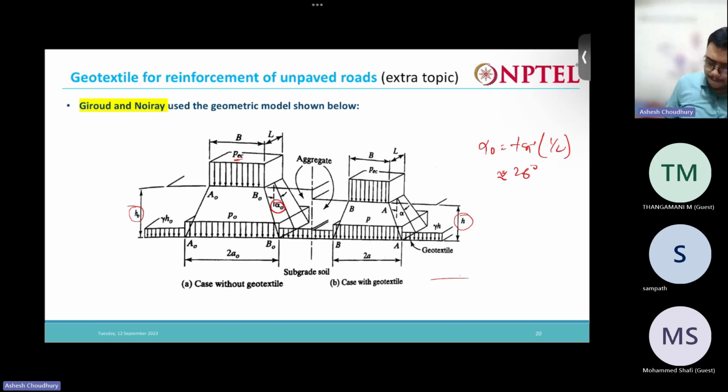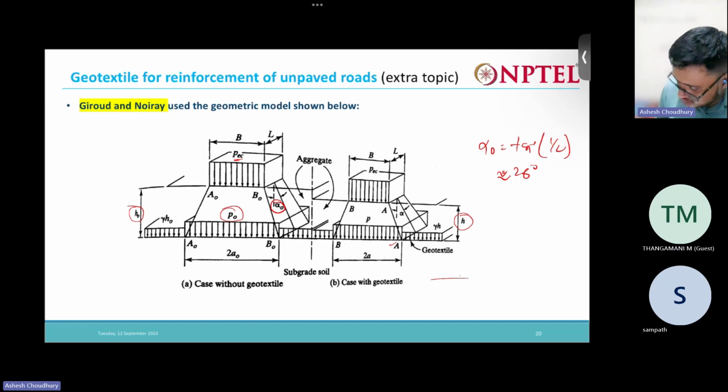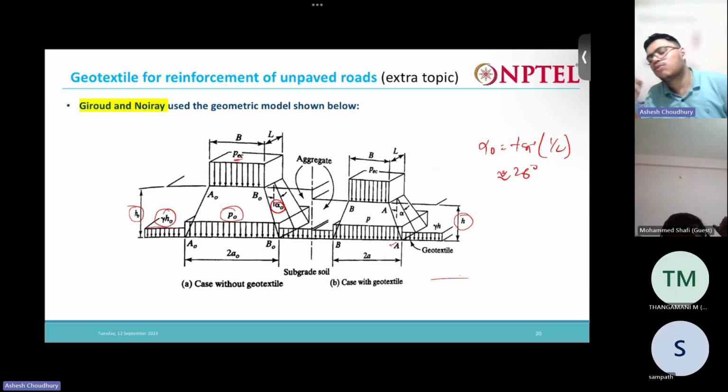So the PEC spreads out and, as it spreads out, reduces to P naught. Similarly, when we're using geotextile, the same thing will happen.